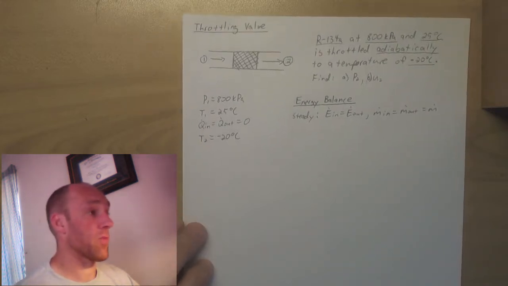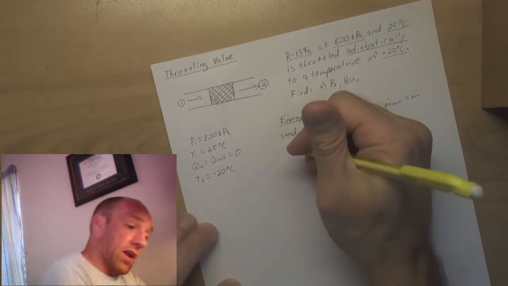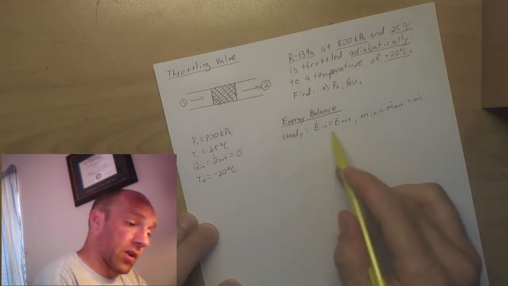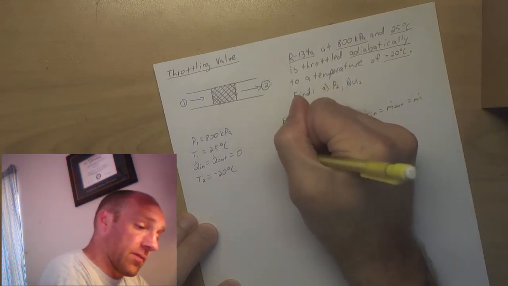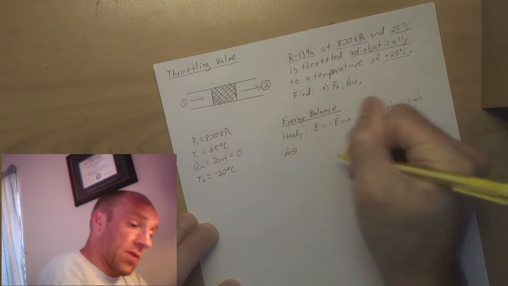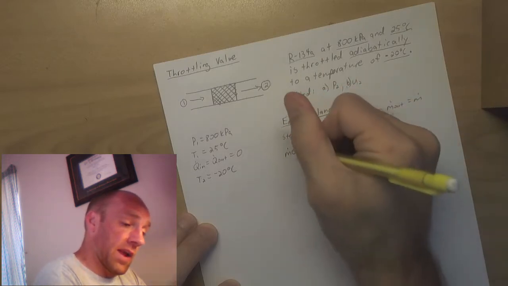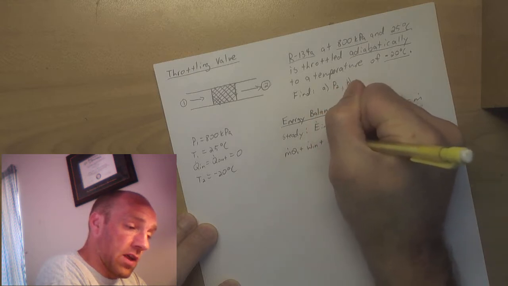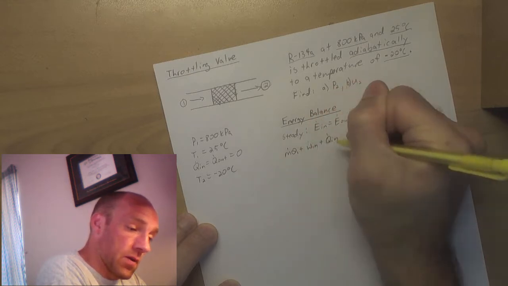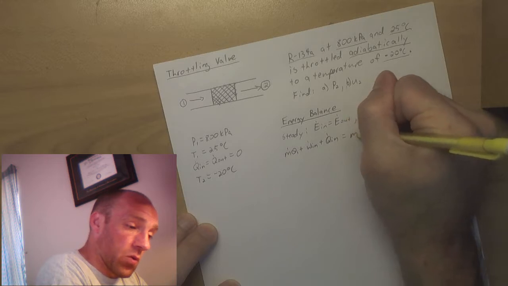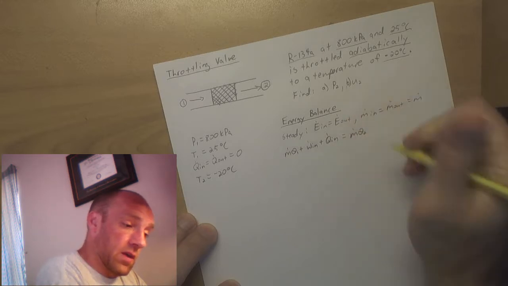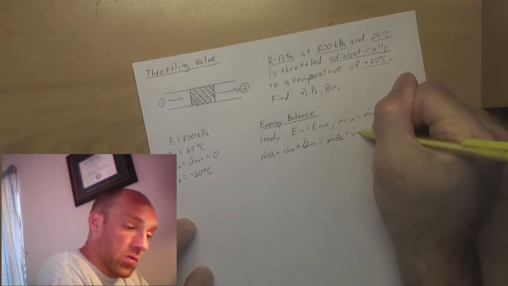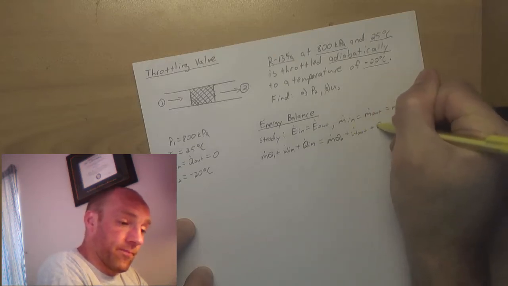Expanding a little on the energy balance, the energy coming in, carried via mass plus work plus heat, has got to be equal to the energy leaving via mass, work, and heat.